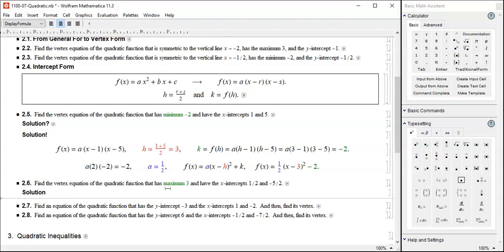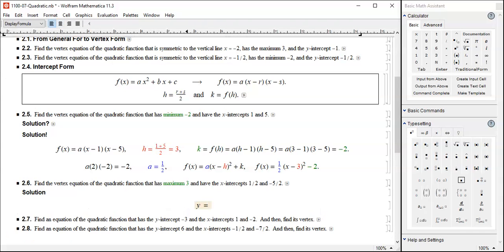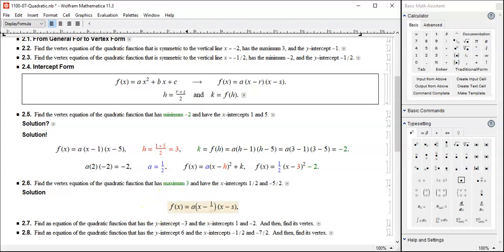It should be. Y equals a. No, let's use f of x. Here, x-intercepts are what and what? 1/2 and then -5/2. So, like this.